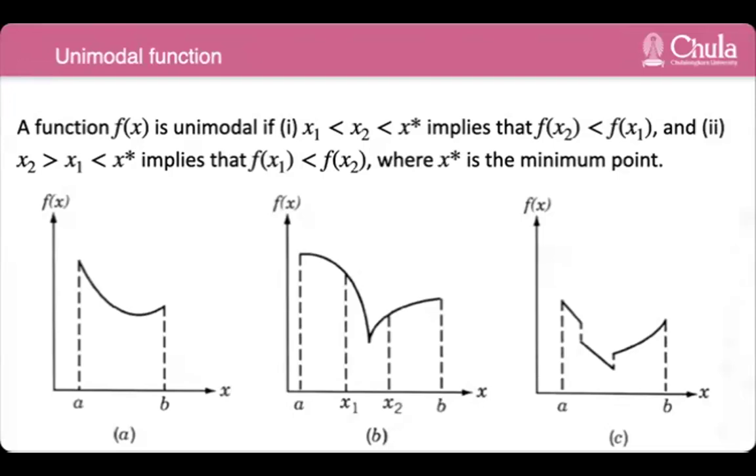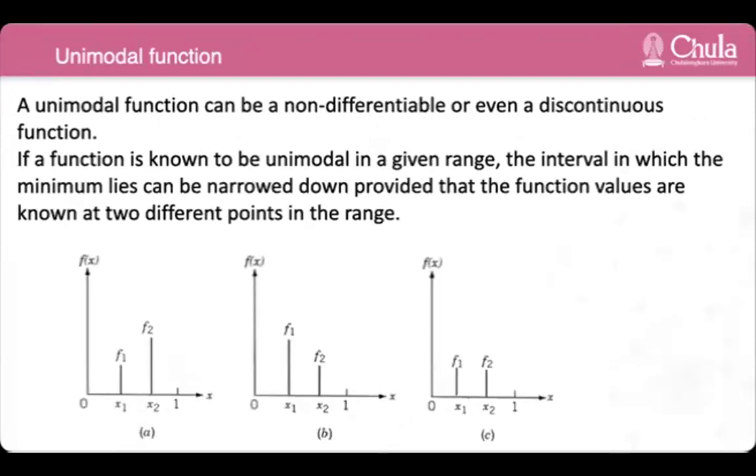So by using the elimination method, of course, we don't know exactly the shape of the function, but we can evaluate some points in the region of interest. Assume that our region of interest is from 0 to 1. And we can evaluate 2 points, x1 and x2.